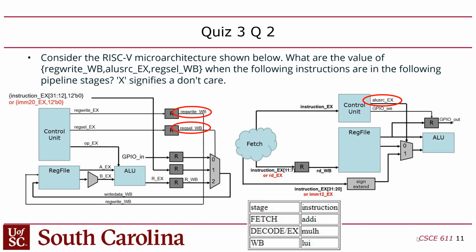And then reg select write back is referring to the LUI, which is in the write back stage. And what are we writing back with LUI? Reg select is this guy, and this is going to be number 1, right?